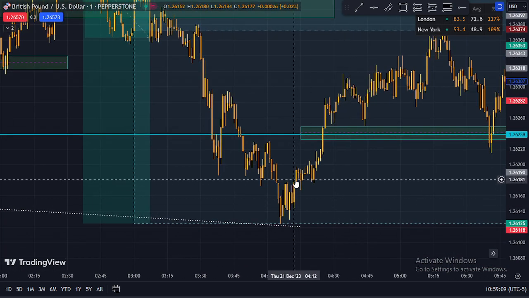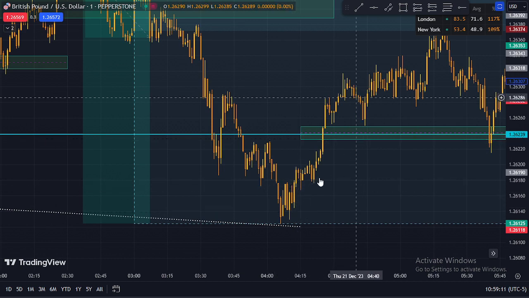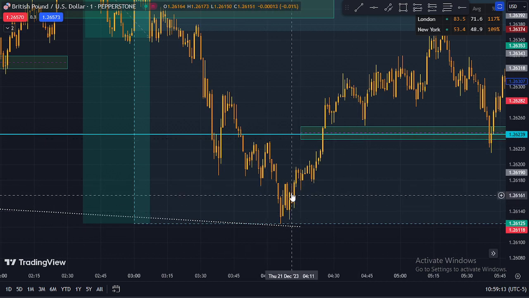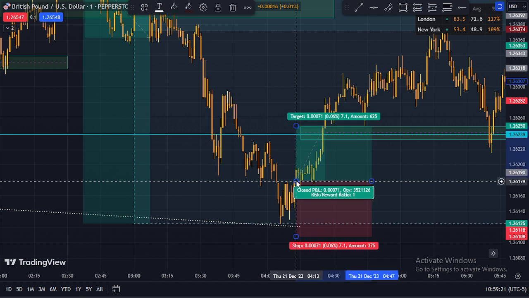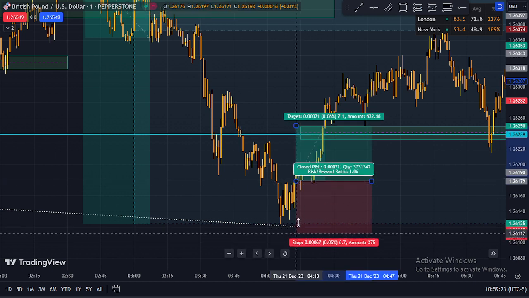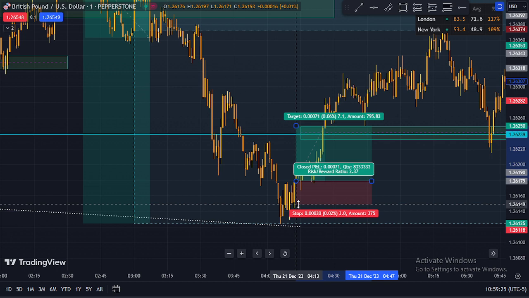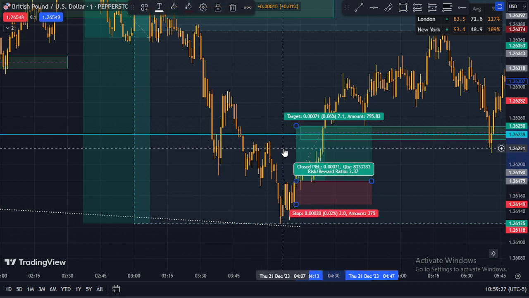So we had a fair value gap right there, and then we had this order block right there. So your long positions would have been placed right in there, and your stop placed right below the order block.